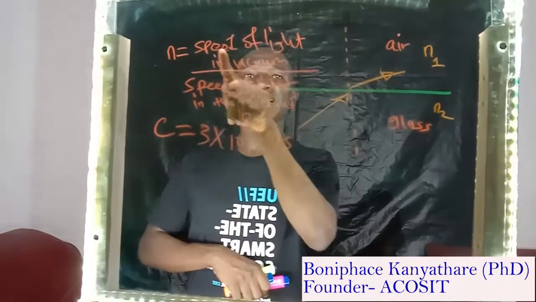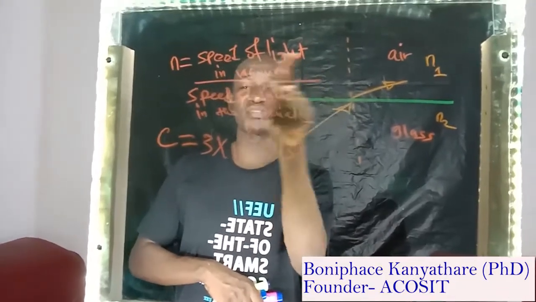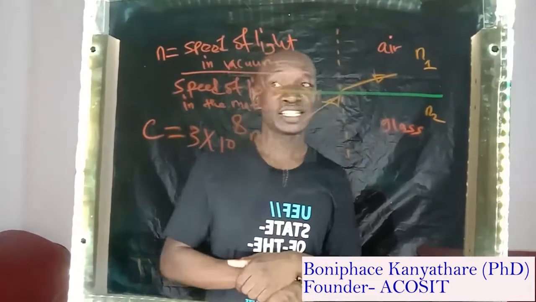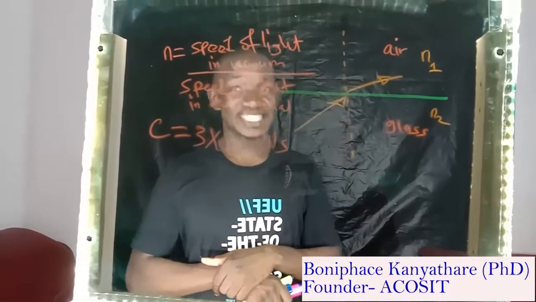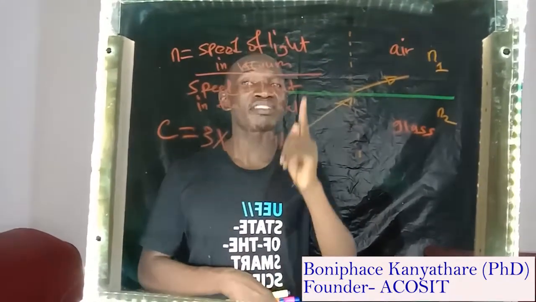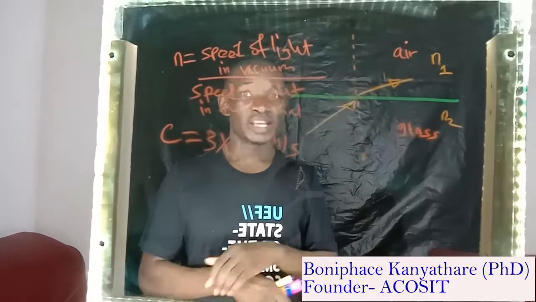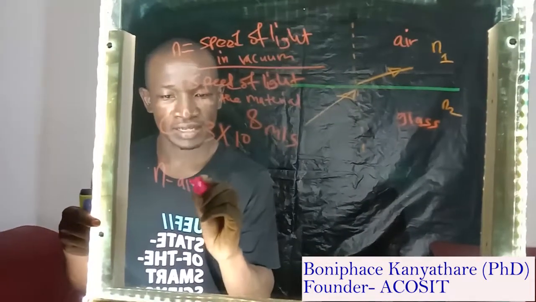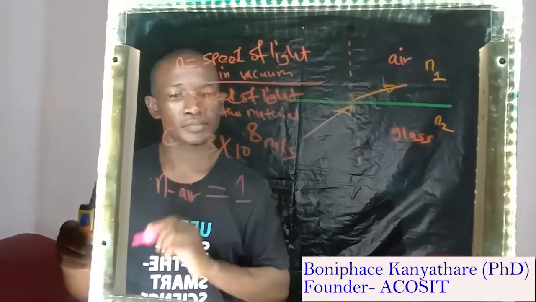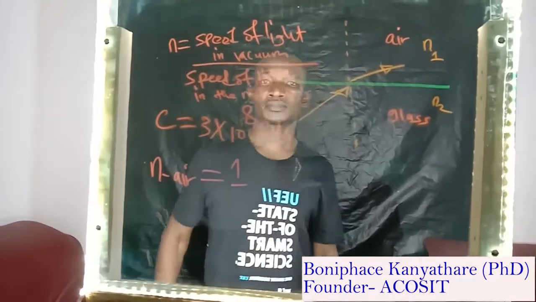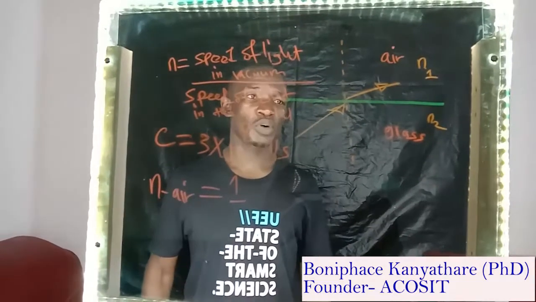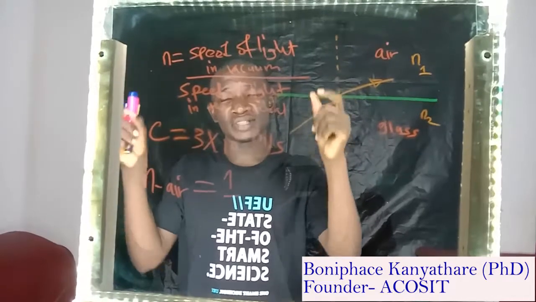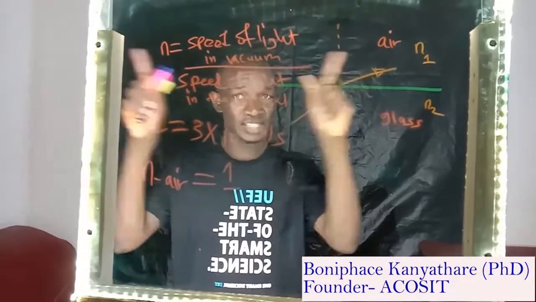Because of that, in our numerator here, we have the speed of light in vacuum, which is actually the highest speed that can be attained by light. It means refractive index can never be less than 1. The refractive index of air, for example, N of air, is 1. So refractive index can never assume a value that is less than 1 at this stage.